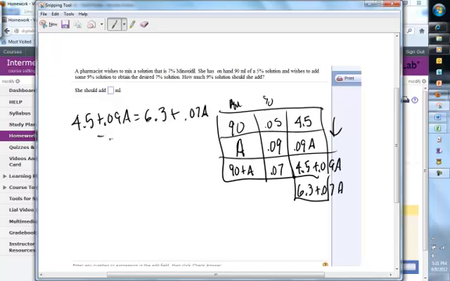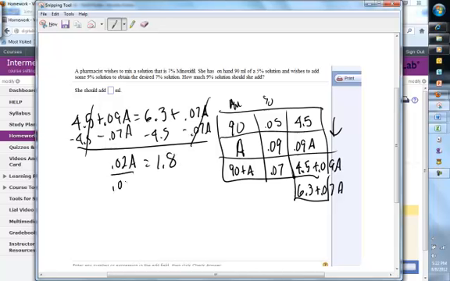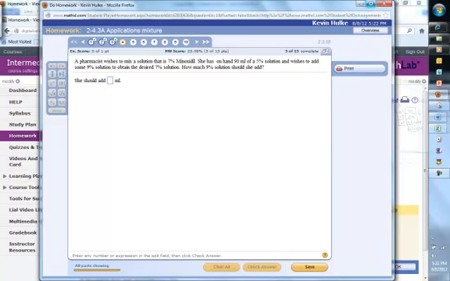Subtract 0.07A from both sides, and that'll take care of these over here. And then subtract 4.5 from each side. That'll take care of these here. And you have 0.02A equals 6.3 minus 4.5, 1.8. Divide both sides by 0.02, and you get the added is 90 milliliters. So she should add 90 milliliters.